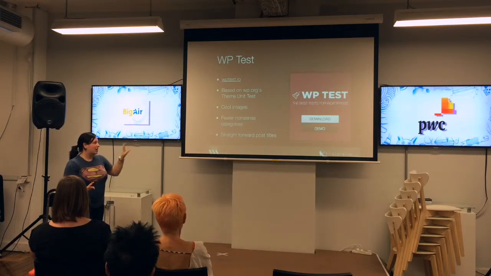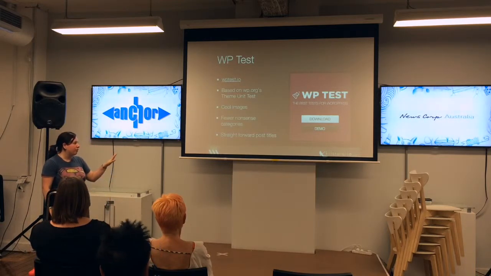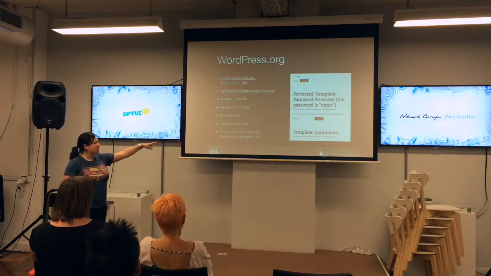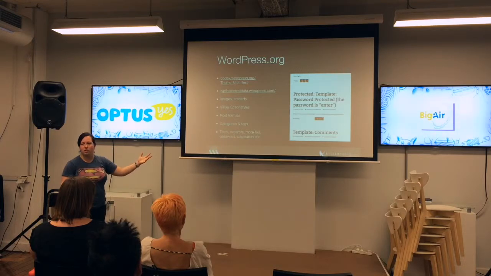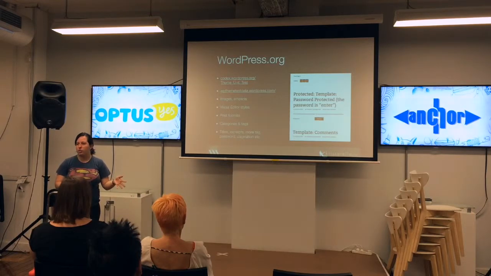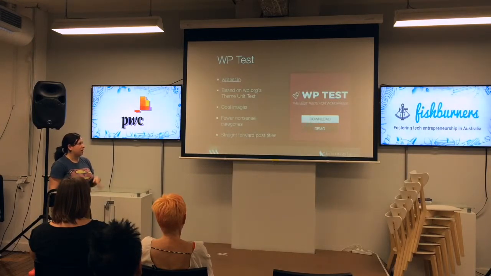So this one has fewer of those nonsense categories and just has more normal looking categories, and more straightforward post titles as well. So you can see here, like this one, it says template in a whole bunch of the titles. Not really sure why, maybe just to distinguish it in case you've got a combination of your sample posts and actual posts or something, but this one doesn't do that.